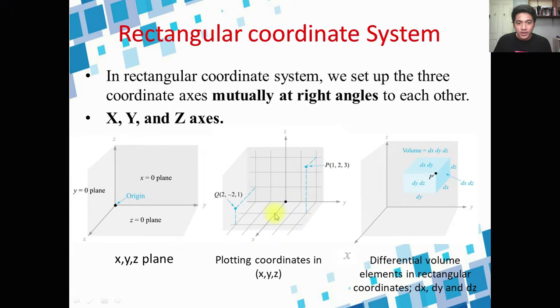So here we have (1, 2, 0), but it has a z value of 3, so you step up 3 times, because this is 1, 2, and 3. Hence, this is the point (1, 2, 3). That is how we plot x, y, z coordinates.